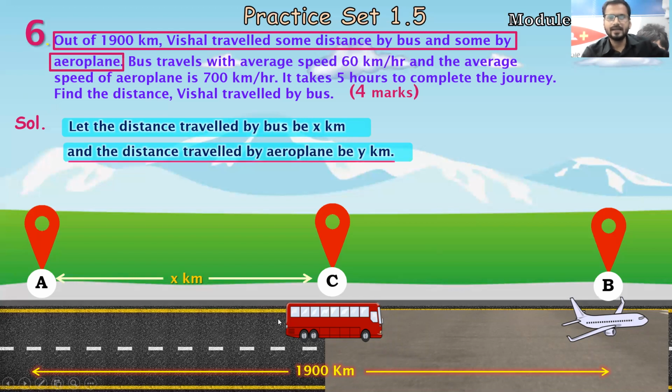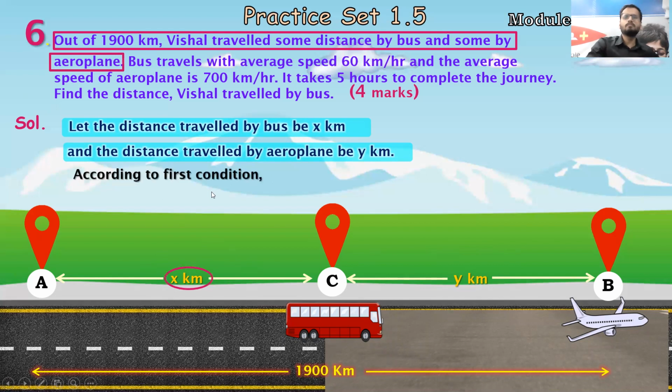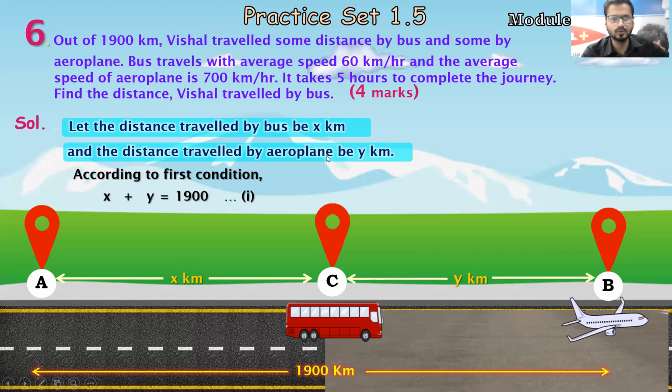And the distance traveled by aeroplane, we have already considered as y. Means, can I say, students, the bus's distance plus the aeroplane's distance is equal to 1900. In our sum, the bus's distance is x kilometers, and the aeroplane's distance is y kilometers. Means, students, can I say the equation number one that is going to be formed is x plus y is equal to 1900? Yes or no, students?